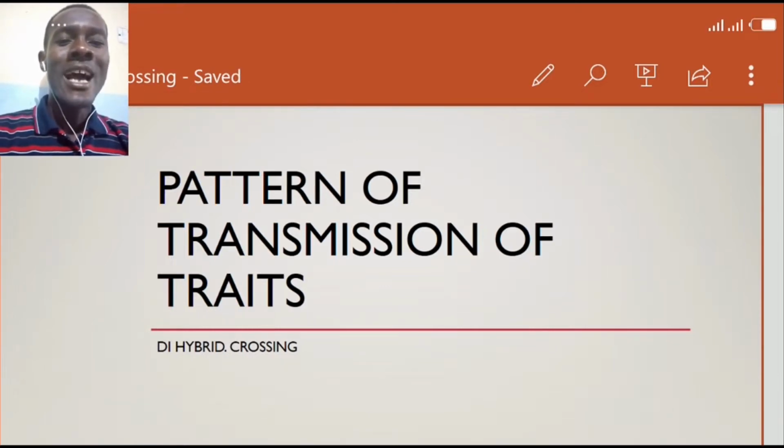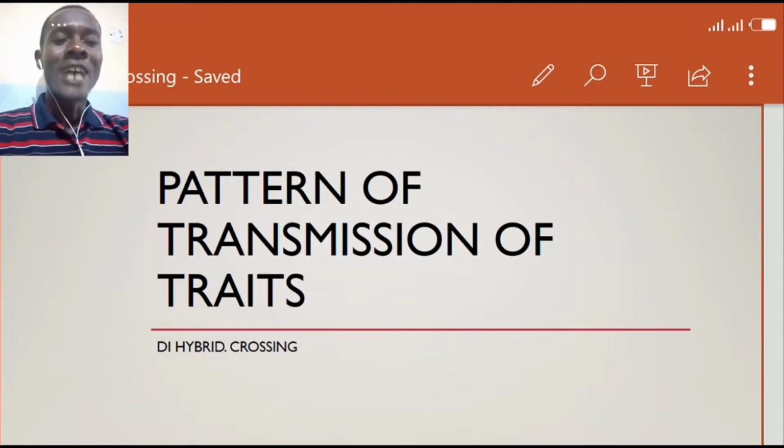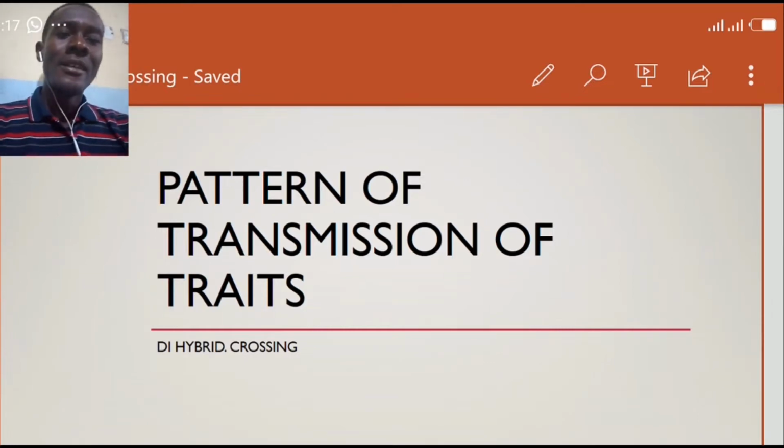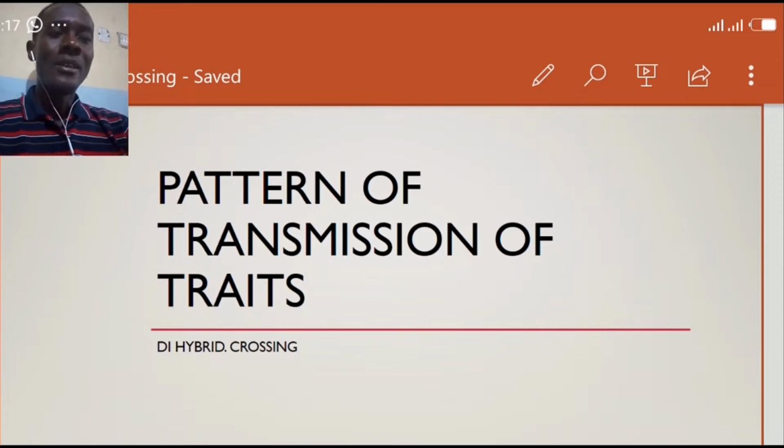And we are going to see how the law of Mendel, that is the second Mendelian law, the law of independent assortment of genes, is going to reflect in this dihybrid crossing we're going to do. I want you to be handy with your writing materials, as we're going to be doing a lot of illustrative work. So, if you're ready, let's move on to the first step of our discussion.